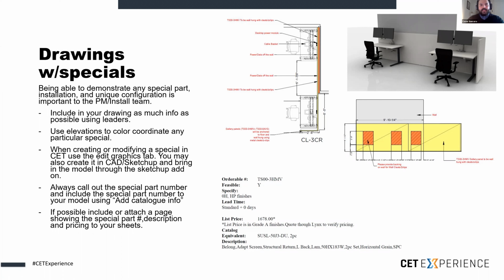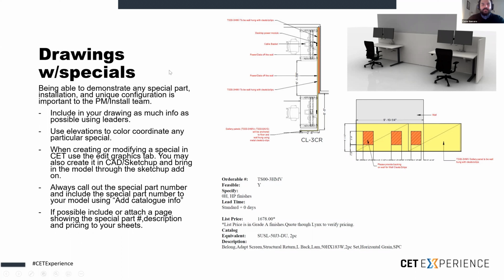And one of the things that I like about CET is the integration of SketchUp. You're able to import 3D drawings that maybe your manufacturer gave you as a CAD file, or you're able to go into different manufacturers and download their SketchUp files and import it into CET.